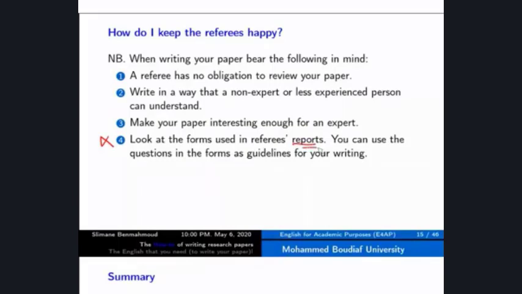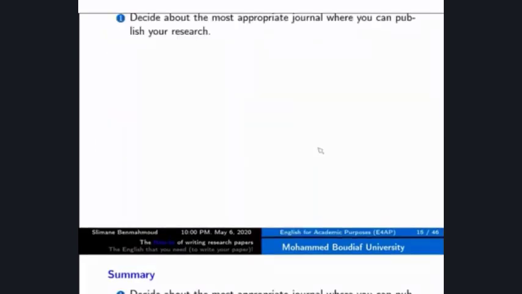So try to get those empty reports and see the questions to be answered by the referees, and based on these questions you can write your paper, so you will convince them when they are reading your manuscript to evaluate it. Okay? Great.